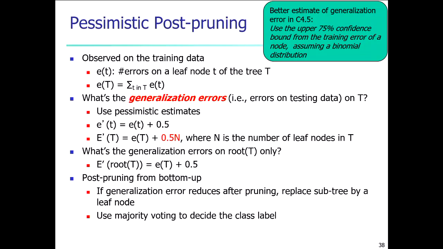For the whole tree, we will add 0.5 times n, where n is the number of leaf nodes in T, as the penalty of the model. So you can think, when the model has more leaf nodes, it will have a larger penalty.